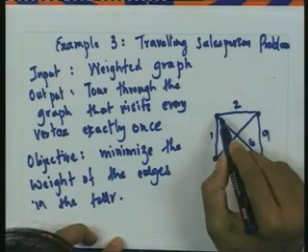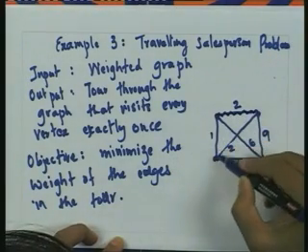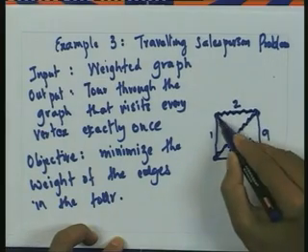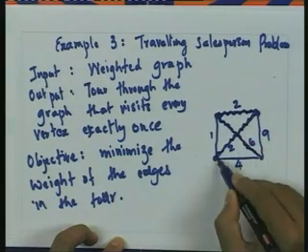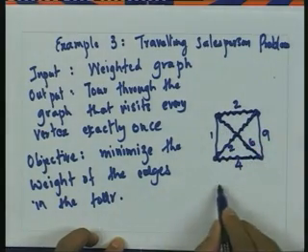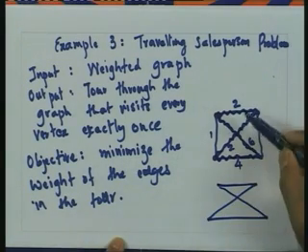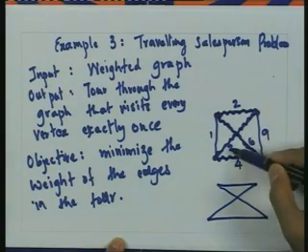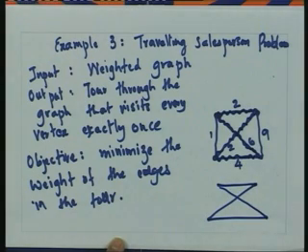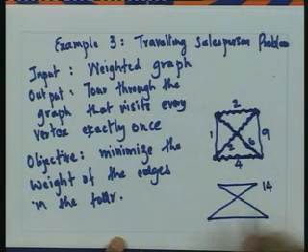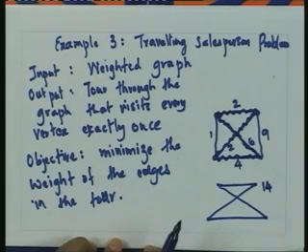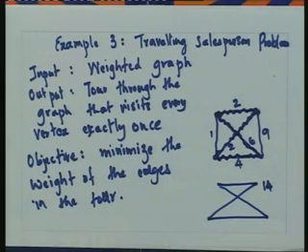For example, something like this, this figure of 8 tour. What's the cost of that? That is 2 plus 6 plus 2 plus 4. So that is 14. So this is in fact a better tour than just the outer tour. And in fact, you should be able to check that this is the best possible tour.